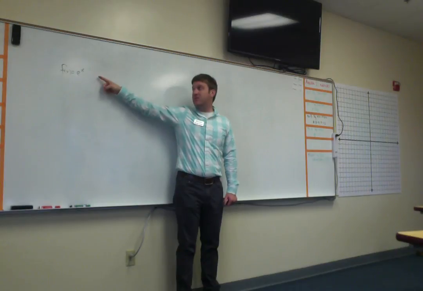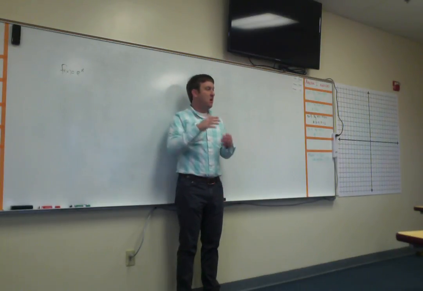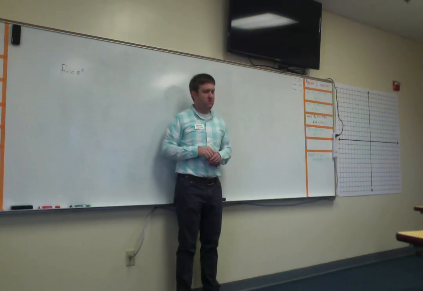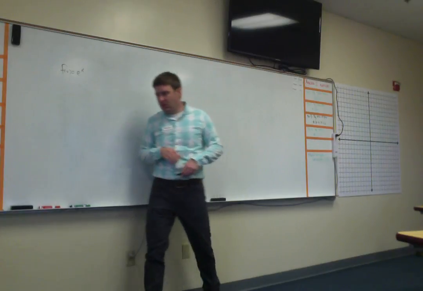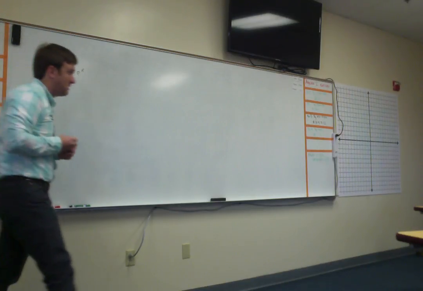If I get a negative exponent, it's just putting it in the denominator. A bigger and bigger denominator will get very close to 0, but will never be 0. So, cool. That is f of x equals e to the x.